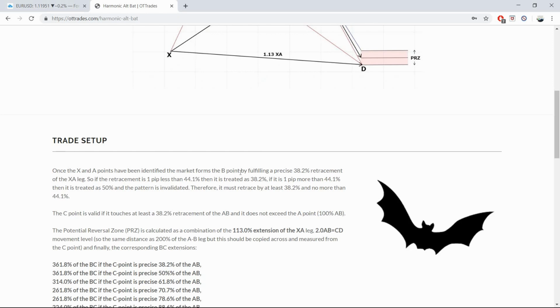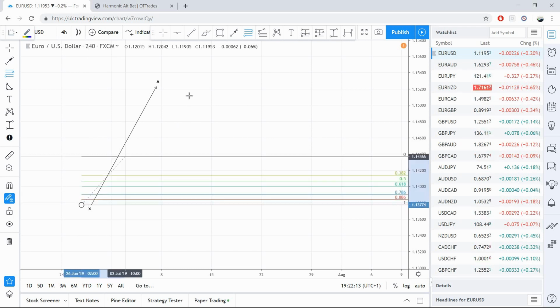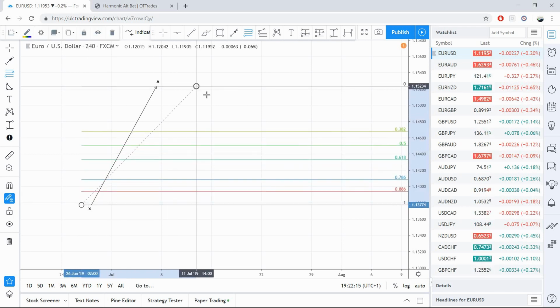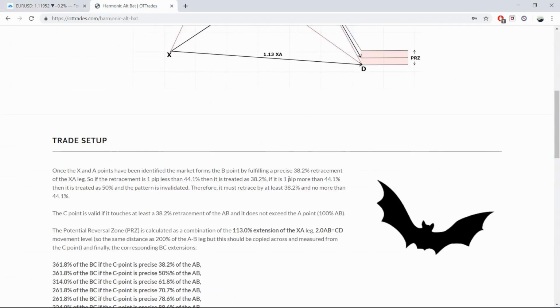Now, in terms of precise, we don't mean that it hits the 382 retracement of X to A exactly. By precise, I mean it falls closer to the 382 than the 50% level. I hope that makes sense. So here we've got halfway between the 50% level and that 382 level.